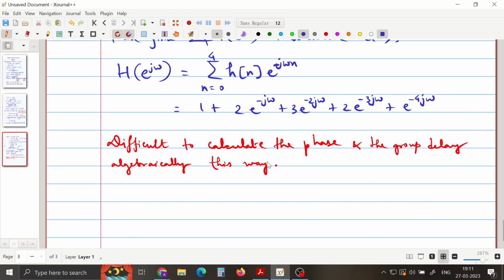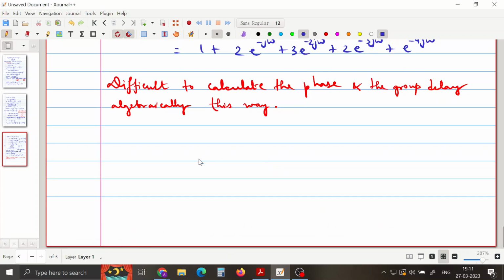So far, is it clear what I have said? What I said is, we can observe that I am using a different name now, h1 of n, which is nothing but a shifted version of the original impulse response, shifted 2 samples to the left. Why are we doing this?